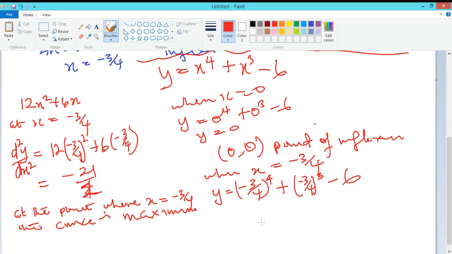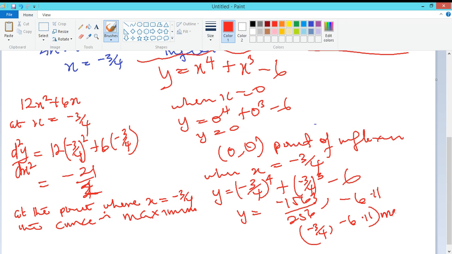Punch in your calculator, y is equal to negative 15,563 over 256, or otherwise decimal equivalent minus 6.11. So we have minus 3 over 4 comma negative 6.11 as the maximum point.